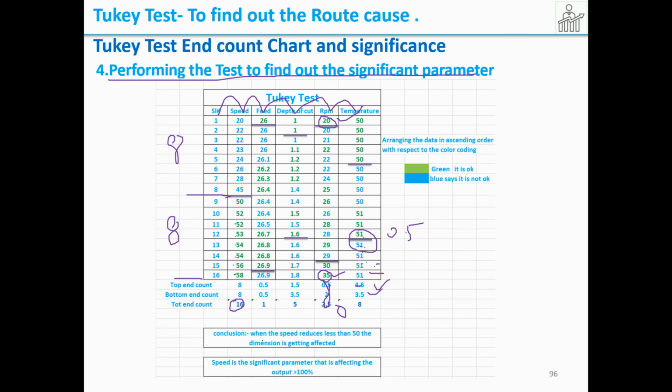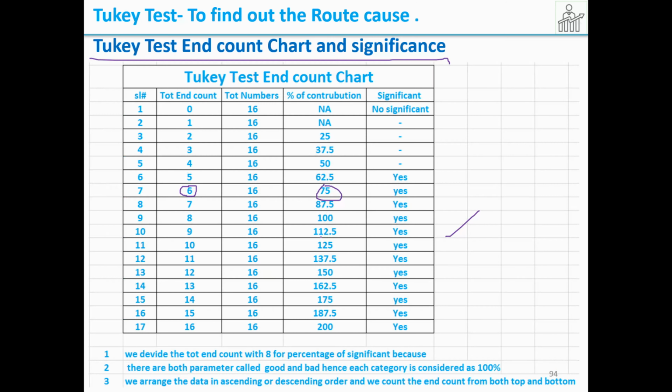So now the conclusion is that when the speed reduces to less than 50, the dimension is getting affected. Speed is a significant parameter that is affecting the output. If you see here, the total counts are 16 and 8. So it is telling that speed and temperature are causing significant dimension variation. Speed is 16, which means speed is strongly affecting your dimension variation.